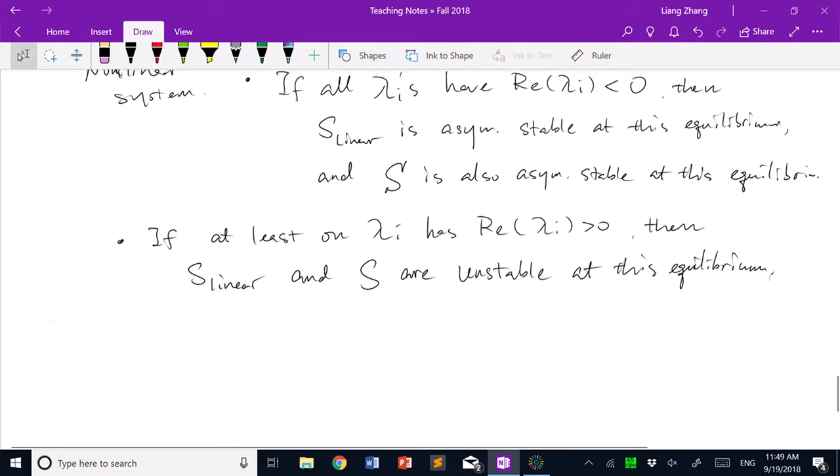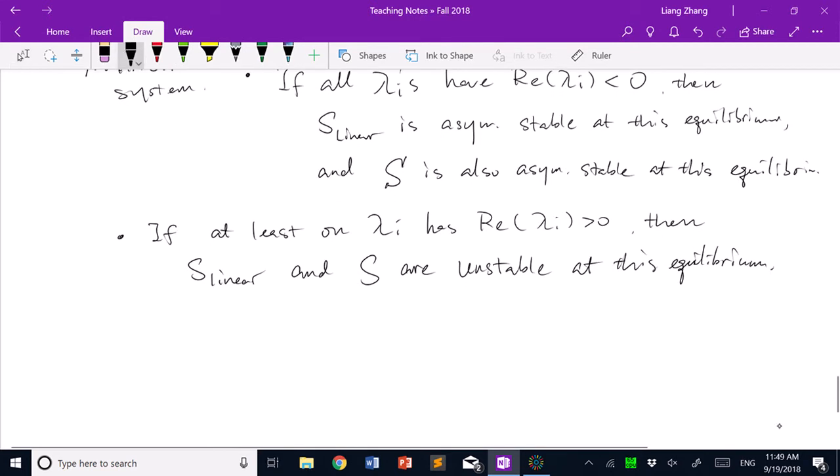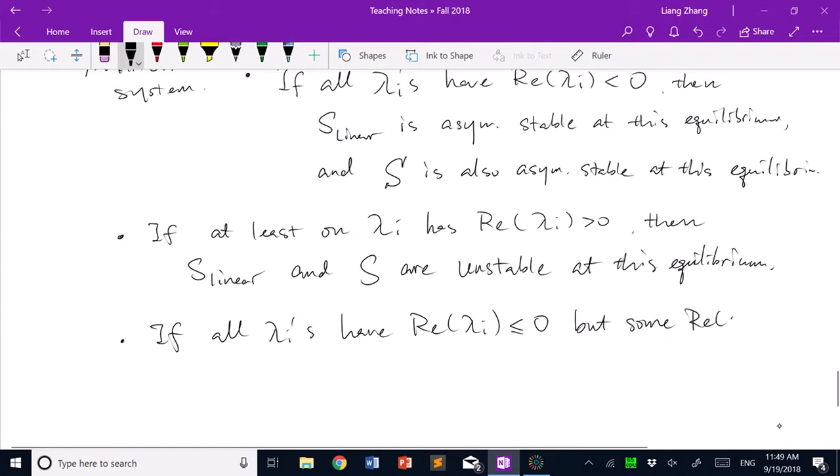Now there's a third case, right? There can be something with zero real part. If all lambda i's have real part non-positive, but some have zero real part, for the linearized system it depends on whether or not these characteristic roots are repeated to determine stability.